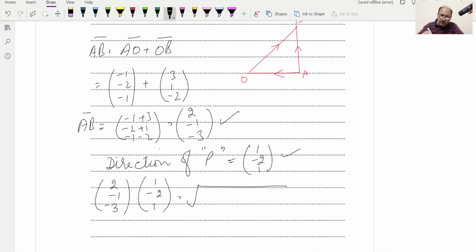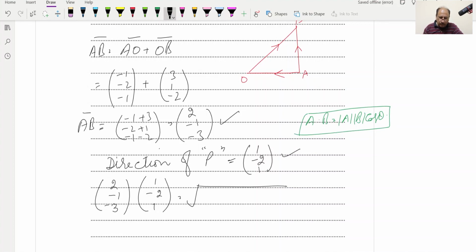For example, we have the formula A dot B is equal to the magnitude of A times the magnitude of B times cos of theta. So this will be the formula which we'll be using.